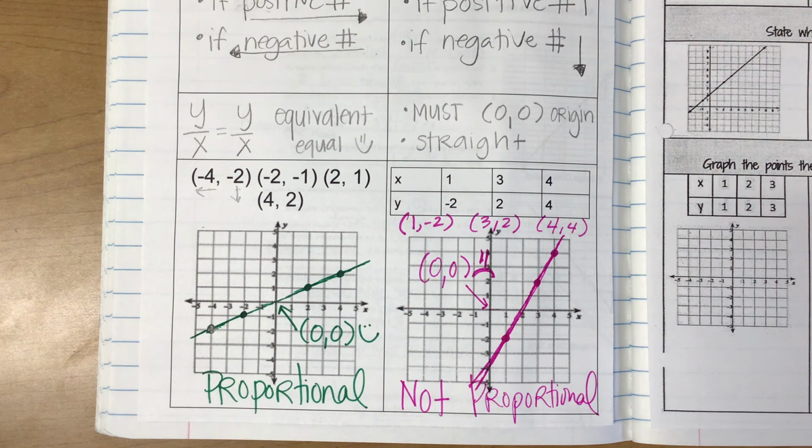I think if something is original or it originates, that's where it starts. And you always start at 0, 0. That's how my brain remembers it. Origin is the original starting point.